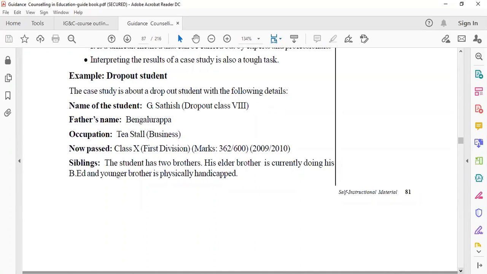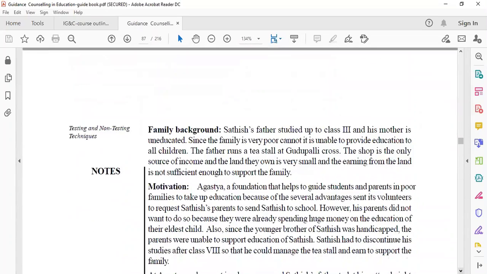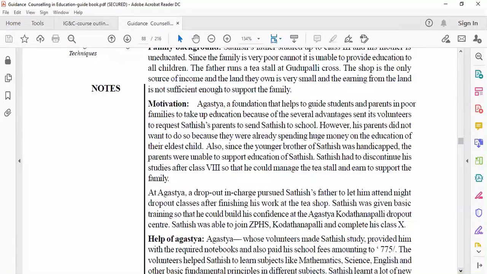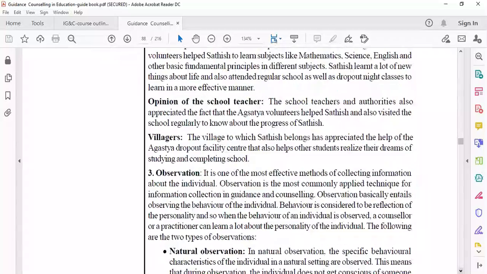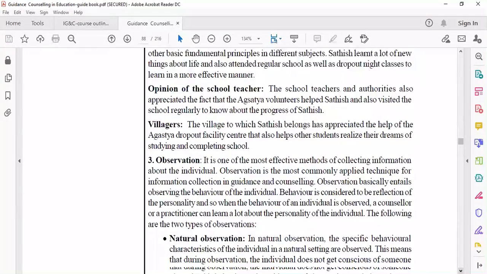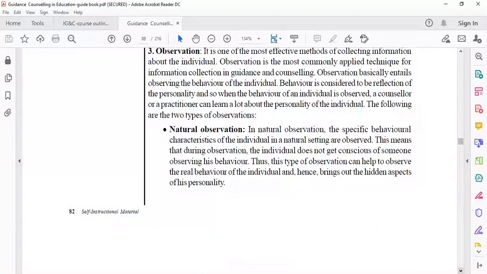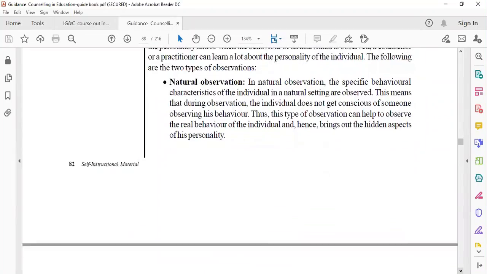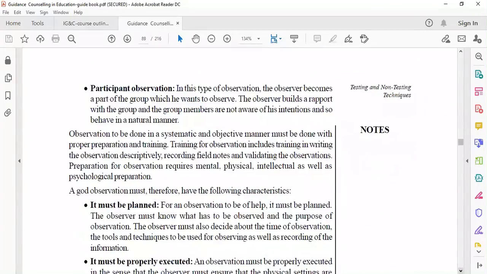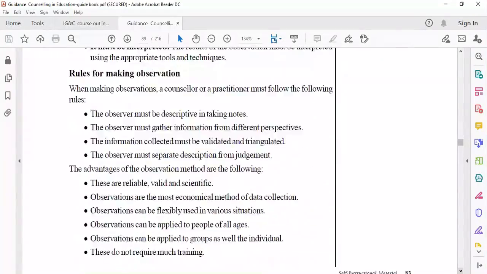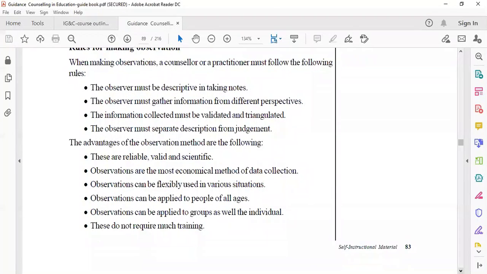It is a means to collect in-depth information about a single person. It is a very detailed study. It can last for weeks or months or even years, depending upon the situation or problem. And the major purpose of the case study is to solve the problem of a person.